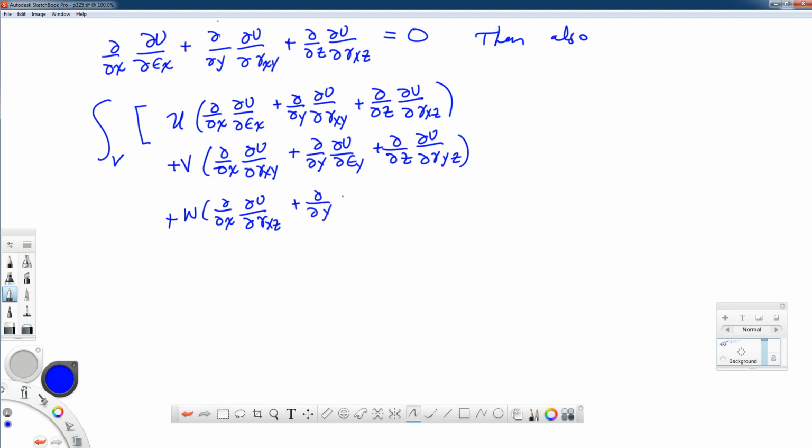But these are also in the book, and they looked correct in our book. Okay, so that integrand is 0, and so when we evaluate that over the volume as an integral, then that integral will be equal to 0.